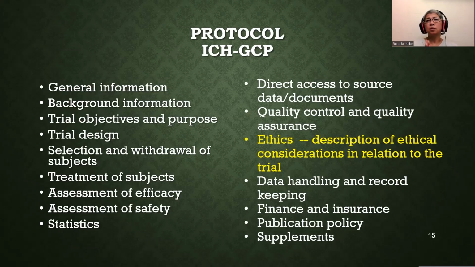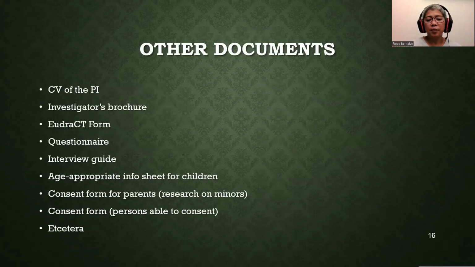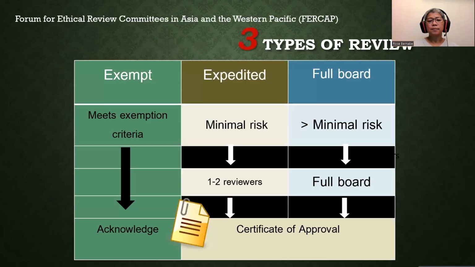The ethics committee would want information related to what we have seen a while ago, areas that research ethics committees would have to look into. And other documents might be the CV of the PI, investigator's brochure, UDRAS CT form, questionnaire, interview guide, age-appropriate info sheets for children, consent form for parents, consent form for persons able to consent, etc., and other things.